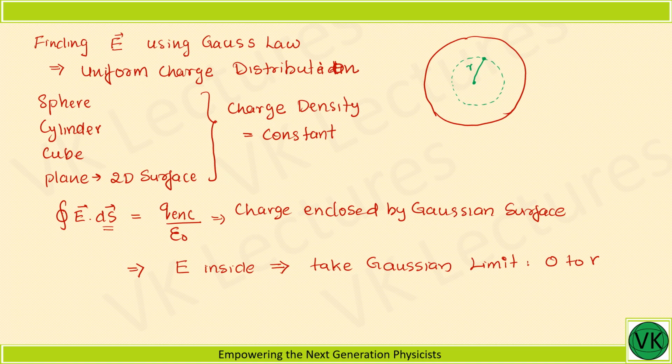This is a solid sphere, and inside that we have to draw another sphere of radius r. So inside means we have to take the Gaussian limit 0 to r to find the total charge. So total charge q will be equal to integral rho dv, with the integration from 0 to small r.